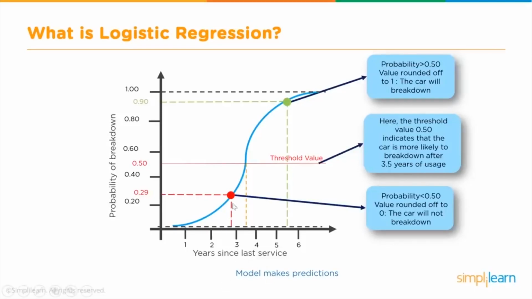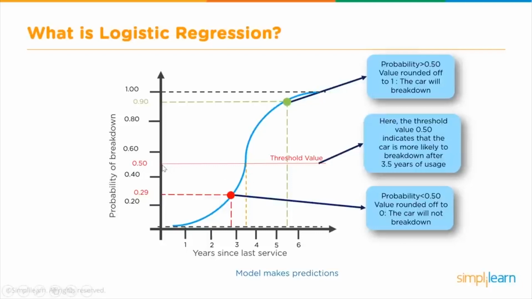Let me explain a little bit how exactly we are going to determine the outcome. So for a logistic regression curve, a threshold has to be set, because this is a probability calculation. Remember, this is a probability calculation and the probability itself will not be 0 or 1. But based on the probability, we need to decide what the outcome should be. So there has to be a threshold.